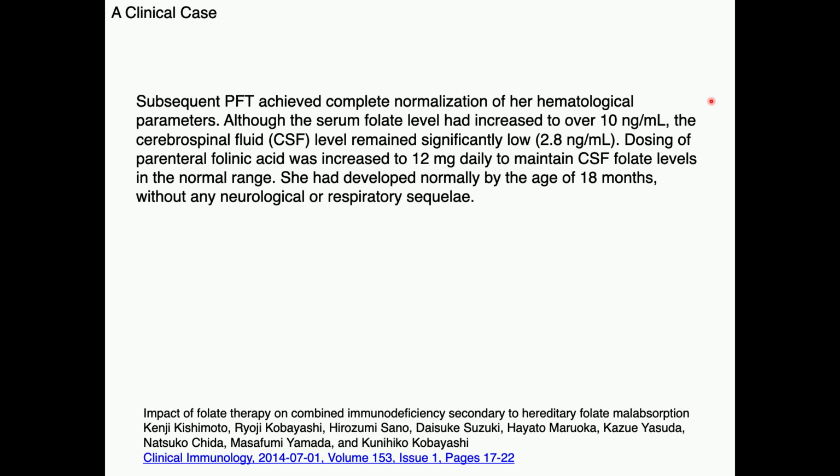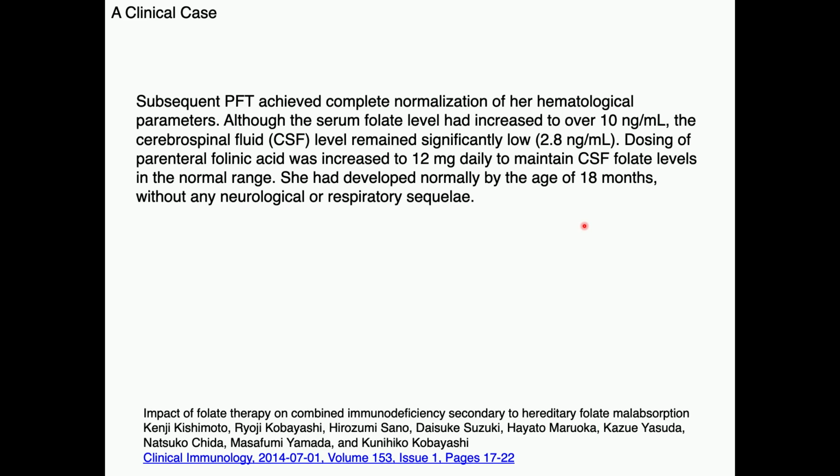So they increased the dosing basically and pushed more into her cerebrospinal fluid. Okay, is that clear there? So this was a case of an anemia and also an immunodeficiency as a result of impaired folate absorption.